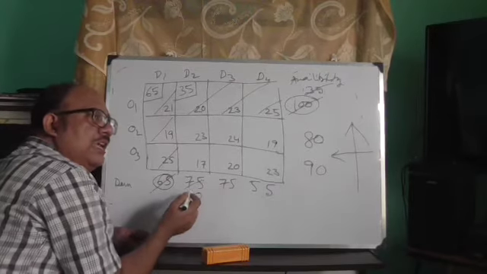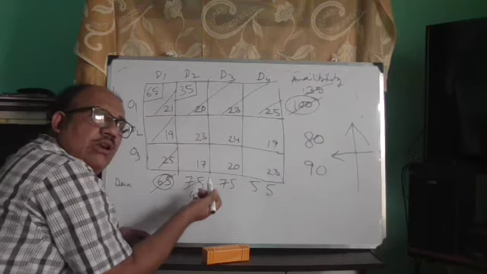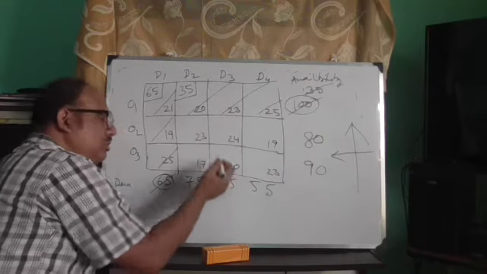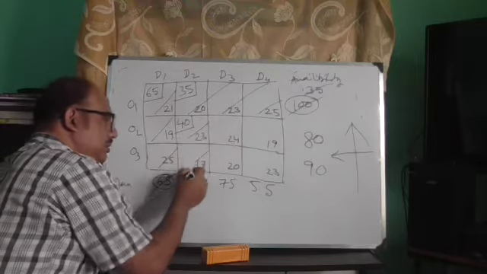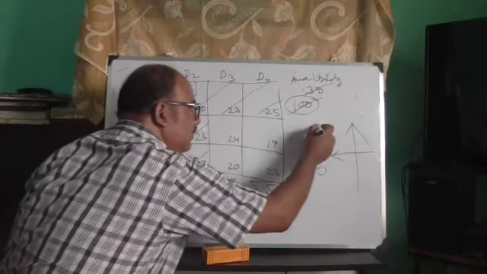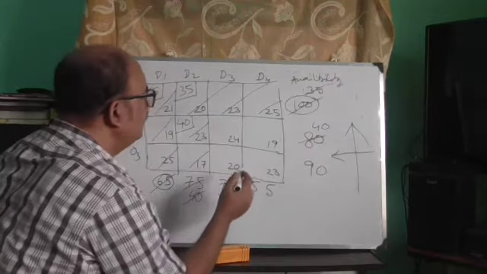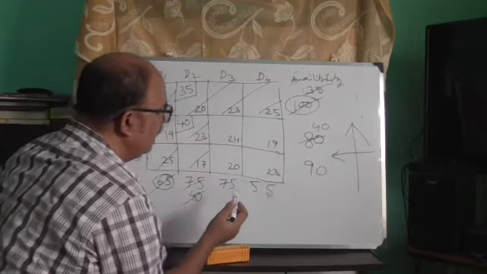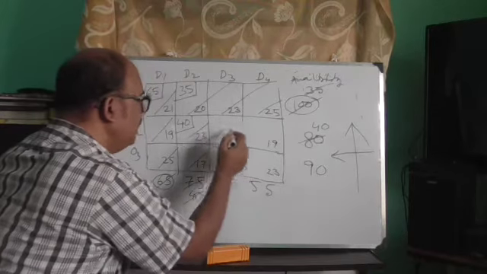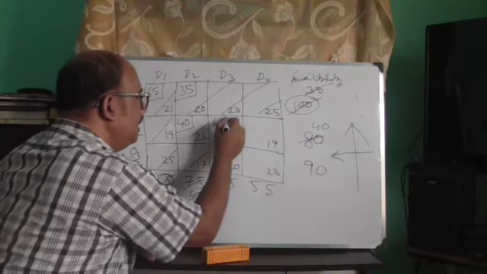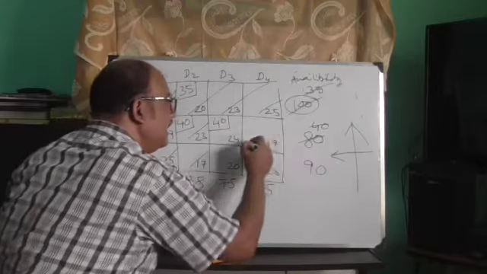Because if I give more than 40, it will not be sold. So I will put the minimum value, 40. So now top left is this one, and again this will be 40, repeating the same steps again and again.